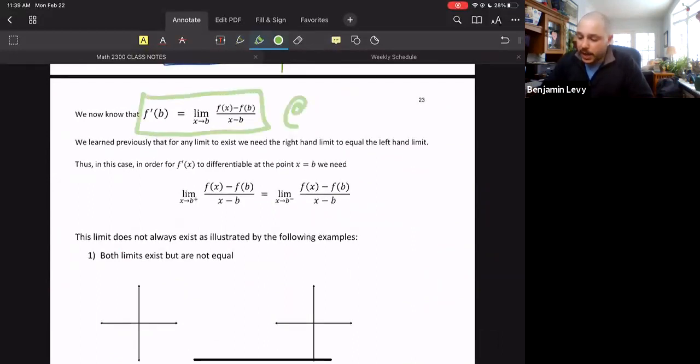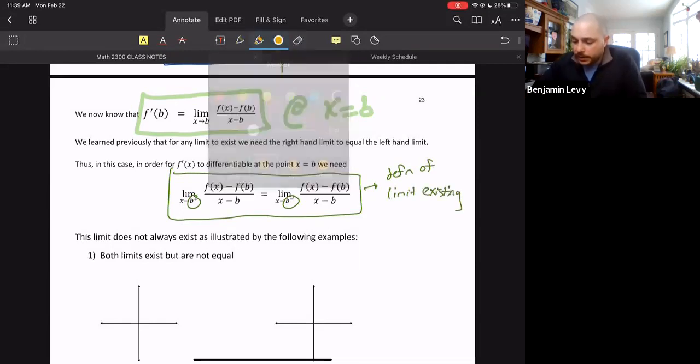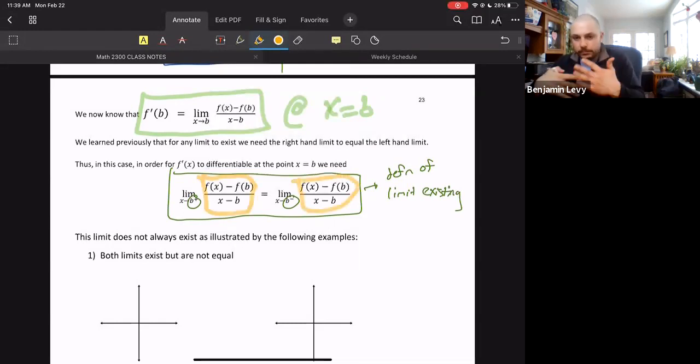So this is specifically at x equals b, right? So it's at a specific point. In order for that to happen, we need the left-hand limit and the right-hand limit to equal each other. We know that, right? From the right has to equal from the left. That's just the definition of a limit existing. But specifically, we need that to exist with this fraction, right?